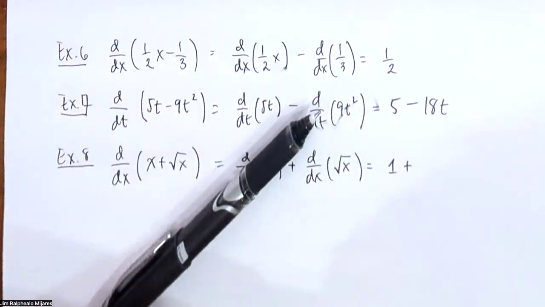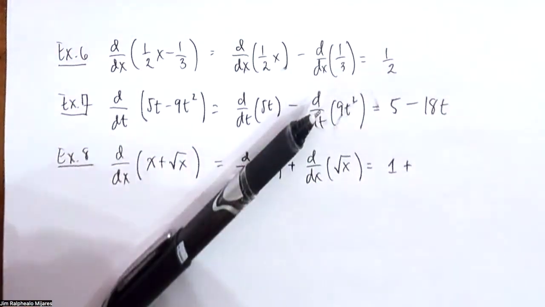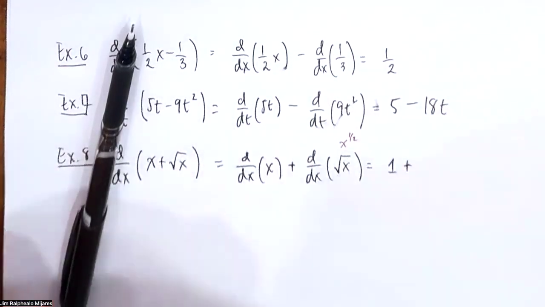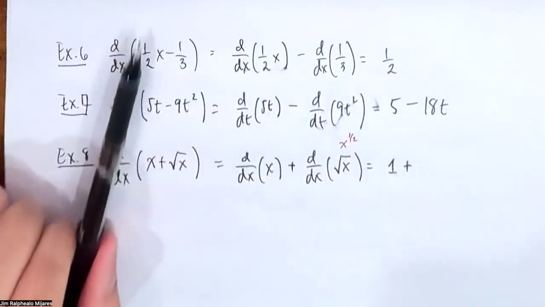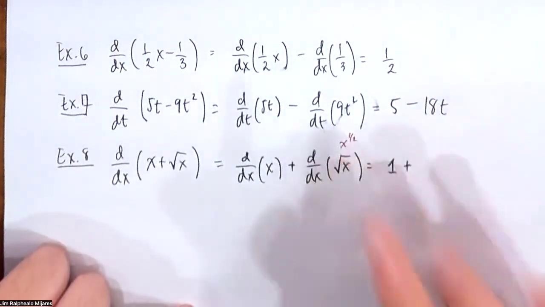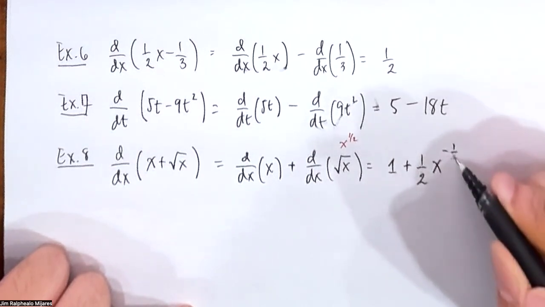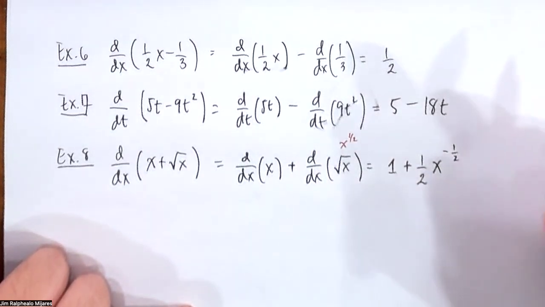Again, you can rewrite this as the derivative of x to the 1/2. Okay. So this becomes 1 half x to the negative 1 half, right?